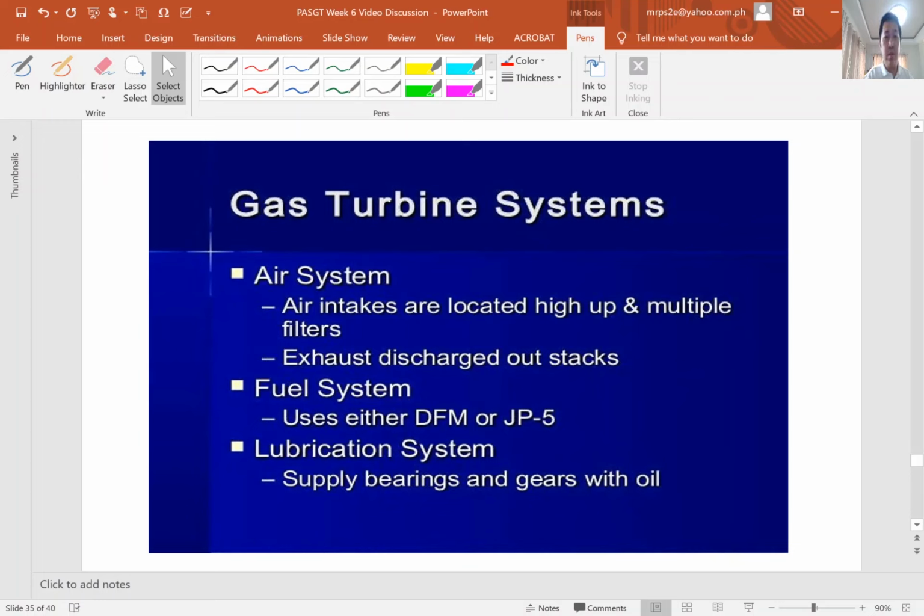We have the air system: air intakes are located high up with multiple filters, and discharge stacks. The fuel system uses this specification. The ignition system supplies bearings and gears with oil.